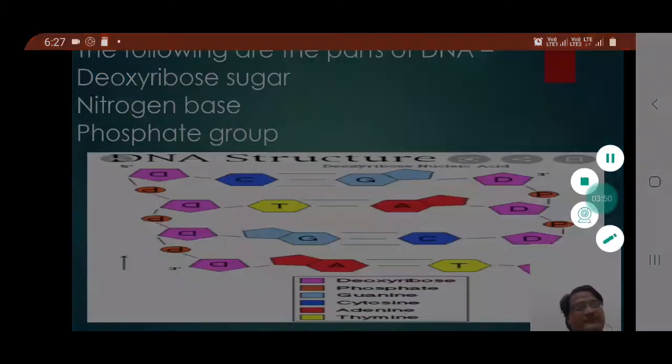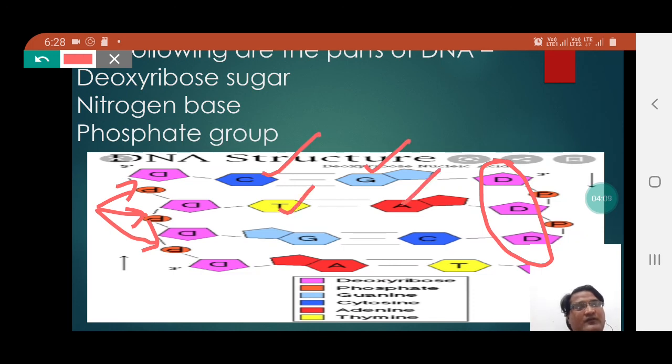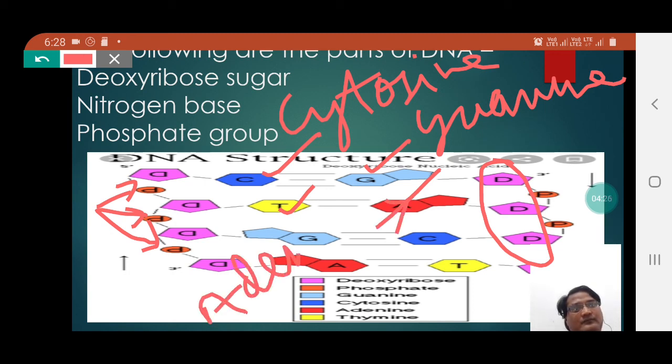These are the deoxyribose sugar and these are the phosphate groups, and nitrogen bases are present in the form of G, C, A and T, where G represents guanine, C represents cytosine, A represents adenine, and T represents thymine.